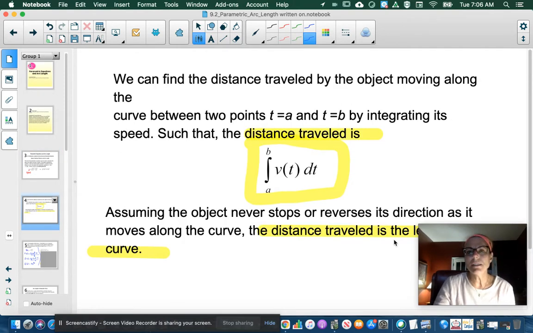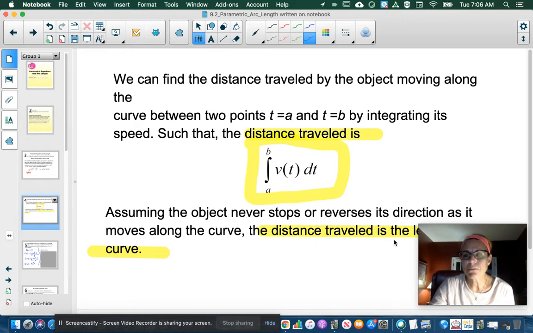We can find the distance traveled, which is going to be asked throughout this lesson. The distance traveled by the object moving along the curve between 2 points is found by integrating its speed. The distance traveled is the integral from a to b of v of t dt.